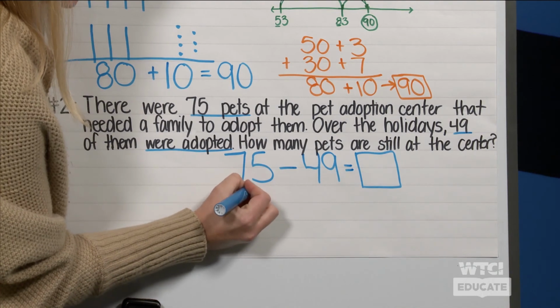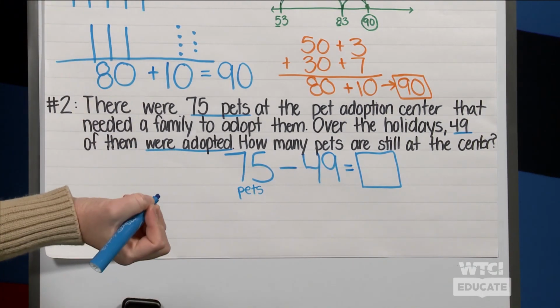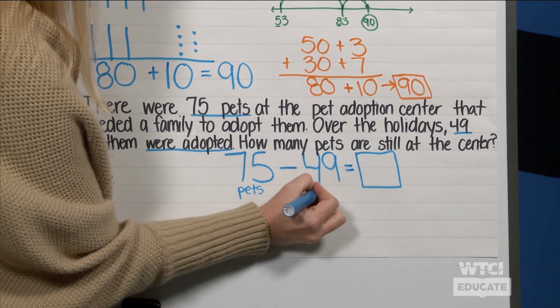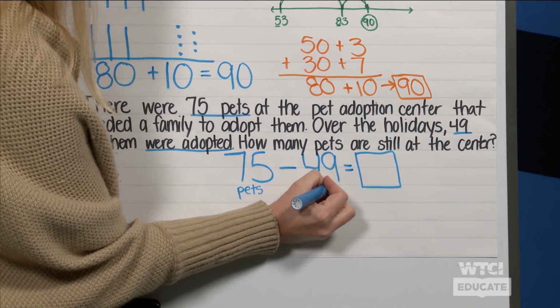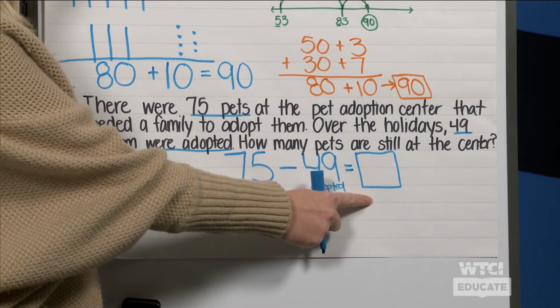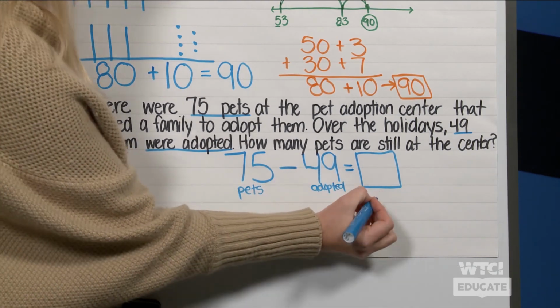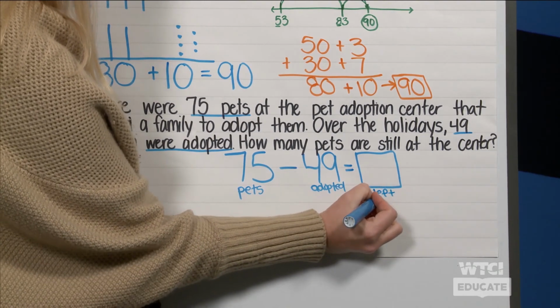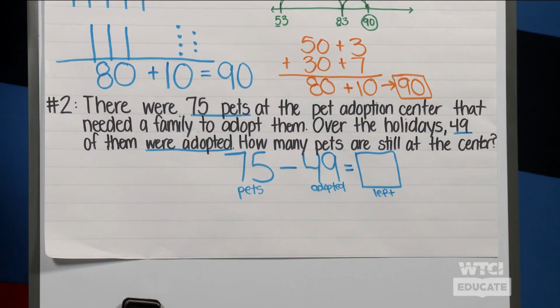These were the pets that were there at the center to begin with. These are the ones that were adopted. And this represents the ones that are still left. Which puppies and kitties are left at the center?